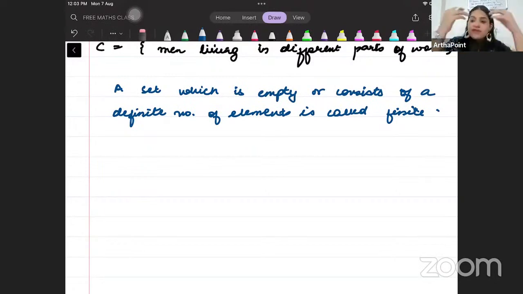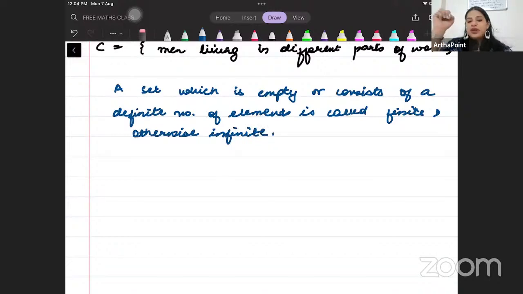So it has to be a finite set, right? So any set which is empty or it contains a definite number of elements is called a finite set. Otherwise, infinite, right? Otherwise it is an infinite set.